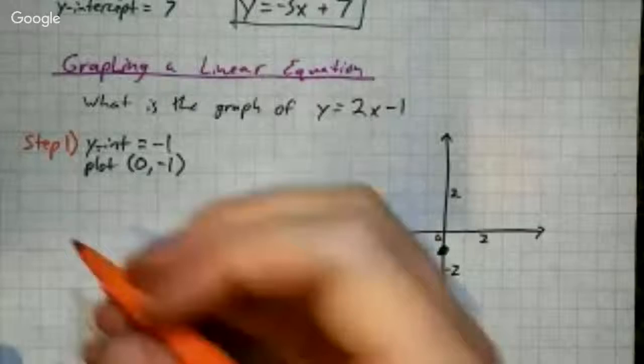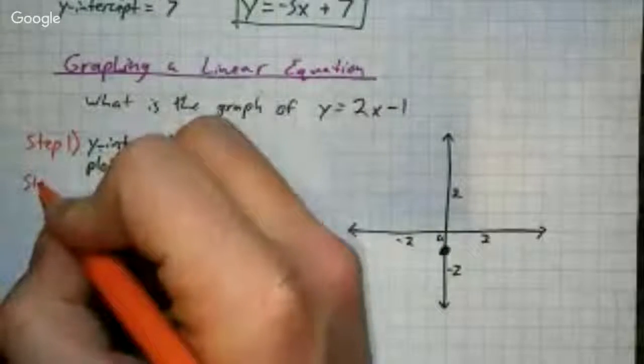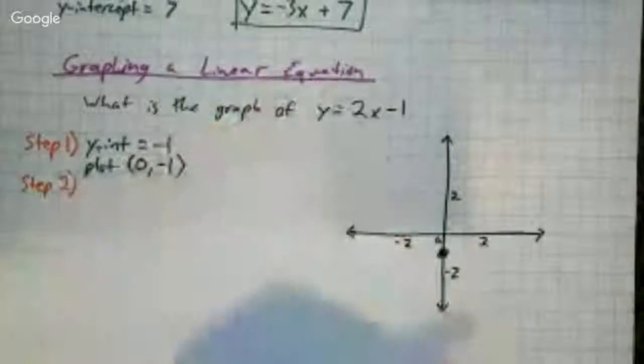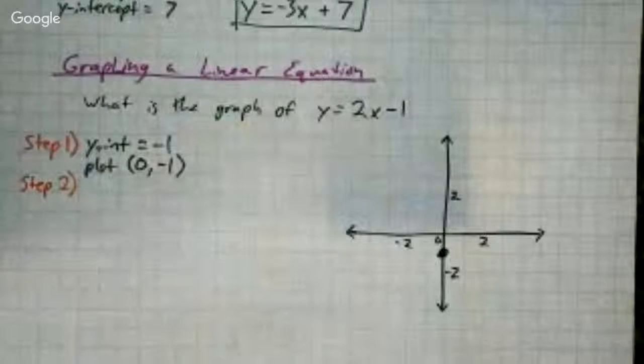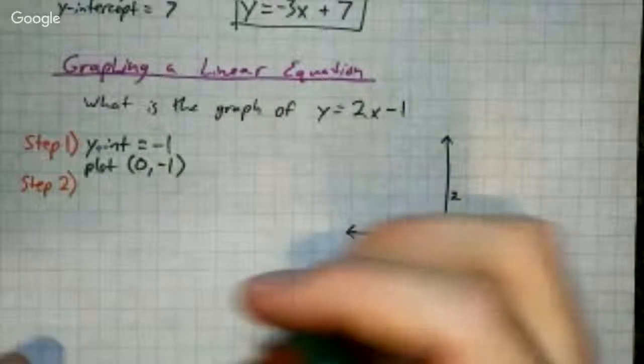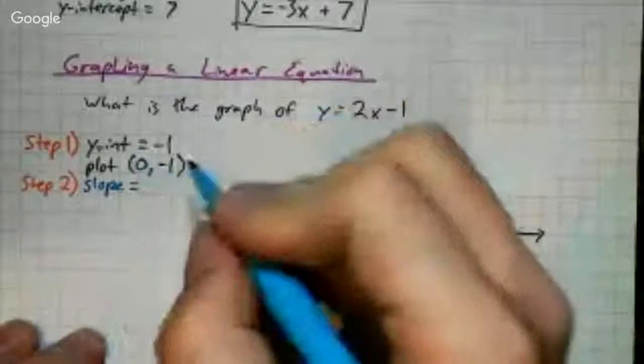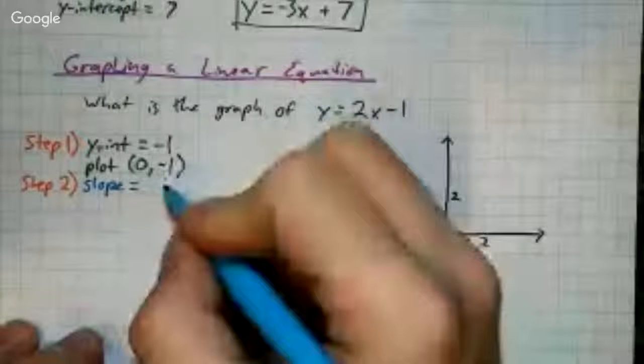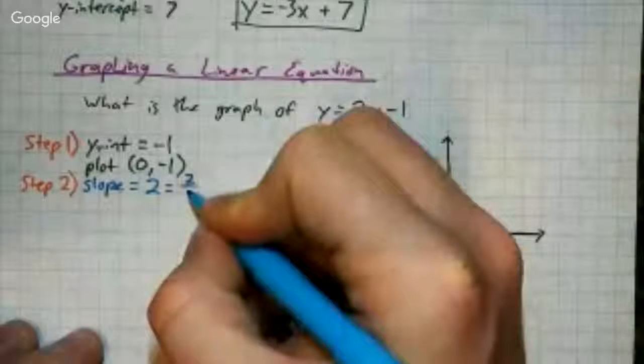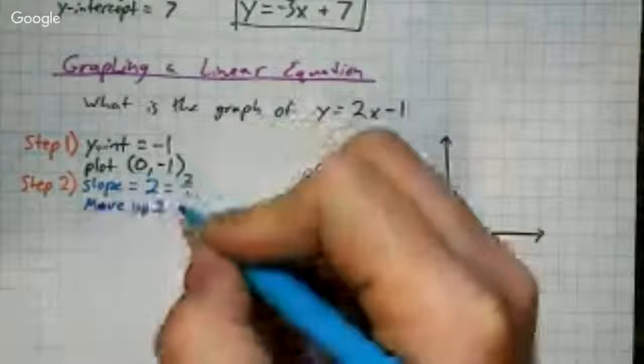Step 2 is going to be, we know the slope equals 2, so we move up 2 and over 1.